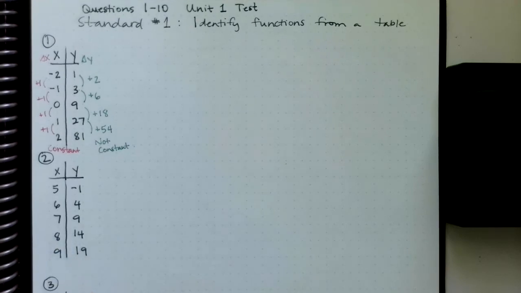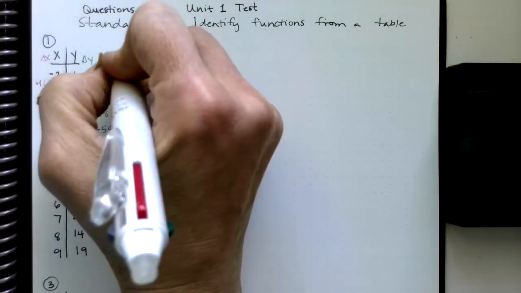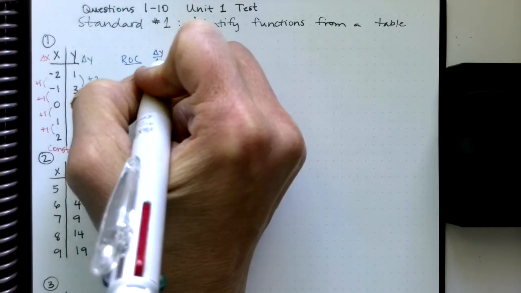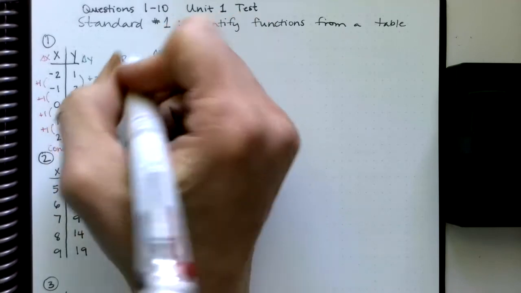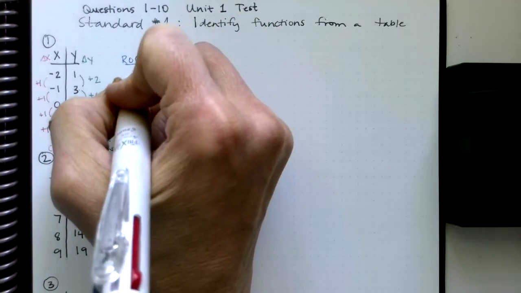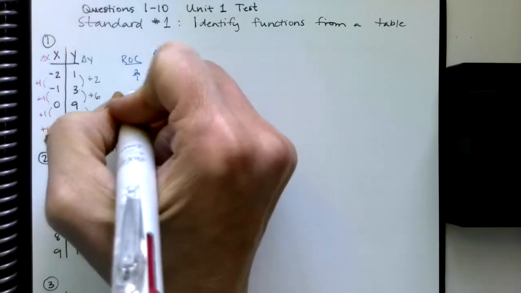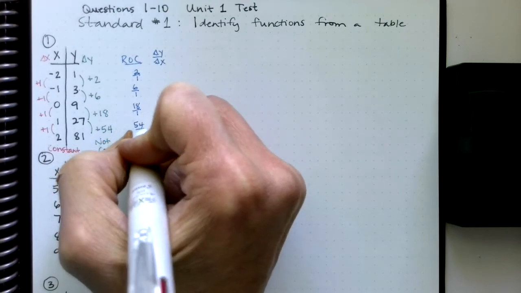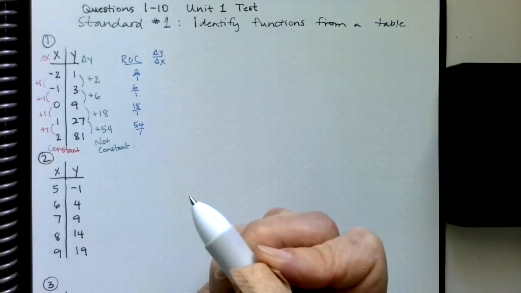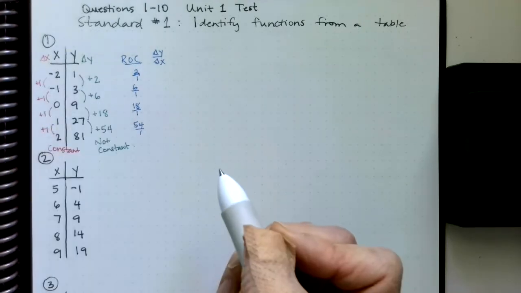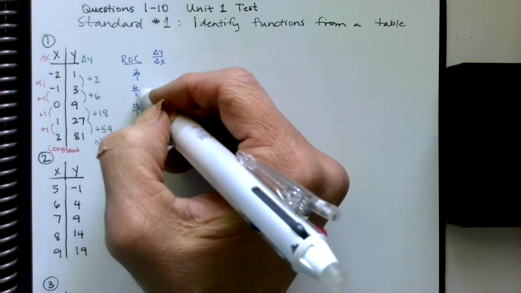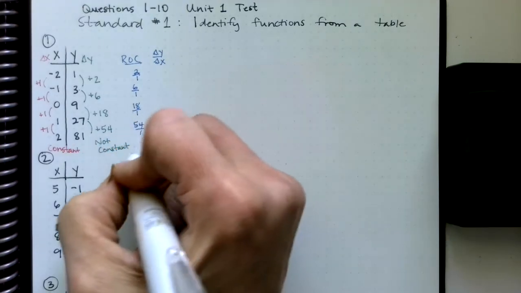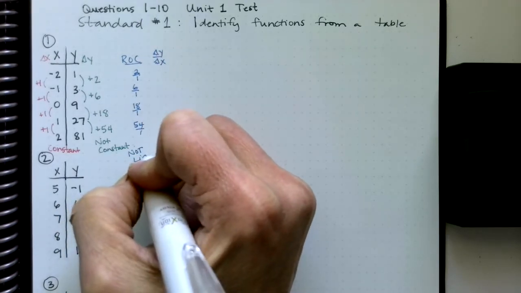So if I want to look at the rate of change, I would be looking at the change in y over the change in x, and I would get 2 over 1 for my first set, 6 over 1, 18 over 1, and 54 over 1. These are not the same. 2 does not equal 6, which does not equal 18, which does not equal 54.